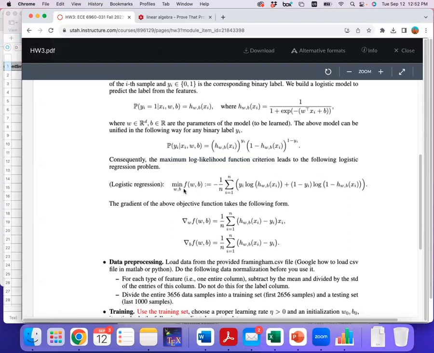The loss function is averaged over these n samples, so it's 1 over n times the sum for i from 1 to n. This is like a sample average, and the negative of this entire part is the loss function. It's called the cross entropy loss.